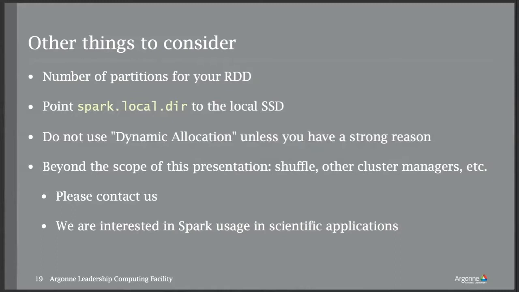And one more thing is dynamic allocation, which is relatively new in Spark and is supposed to work fantastically for other people, but you probably want to use all the resources here, so you probably don't need it unless you have a really strong reason to run something else at the same time. There are other things beyond the scope of this presentation, like shuffle and other cluster managers. If you are interested, try it out yourself and contact us.